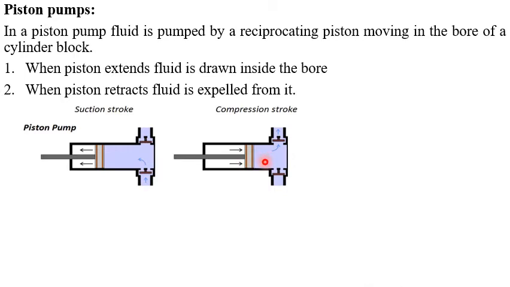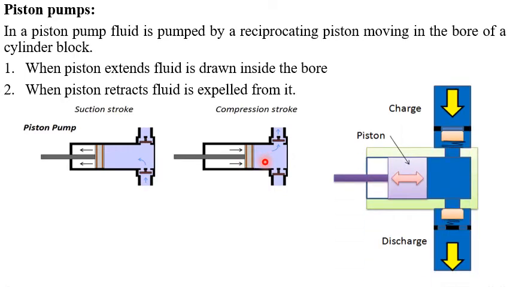We'll see one more diagram. This is also the construction of a piston pump. There is an inlet. Inlet means charge is entered, pressurized in this chamber, and pressurized fluid will move out through this valve. So charge enters and discharges. Charge is nothing but a liquid.